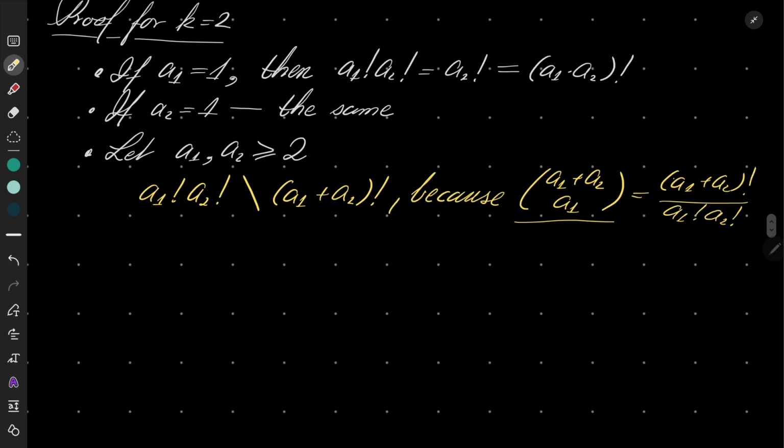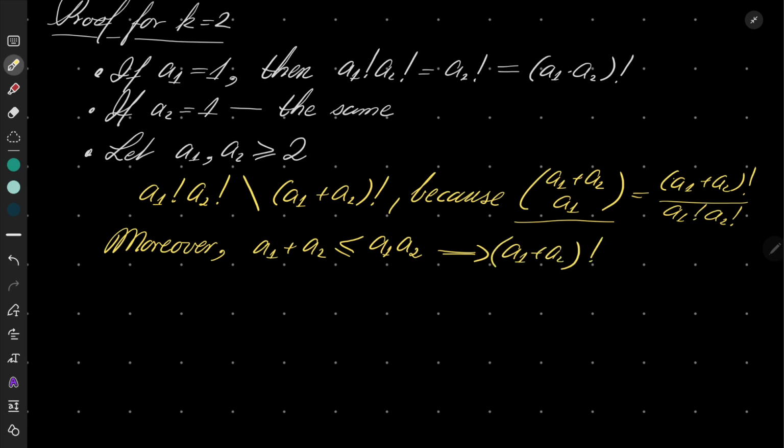And moreover, a1 plus a2 is less than or equal to a1 times a2. It's pretty easy to see that equality holds only in the case of a1, a2 equal to 2. In other cases, we have strict inequality. And that implies that a1 plus a2 factorial divides a1 a2 factorial.